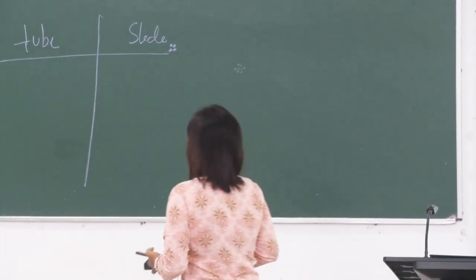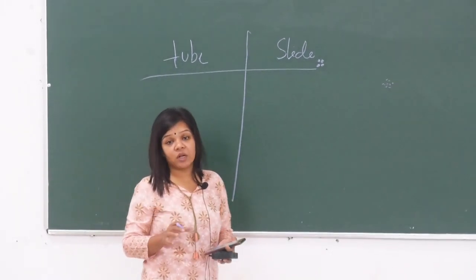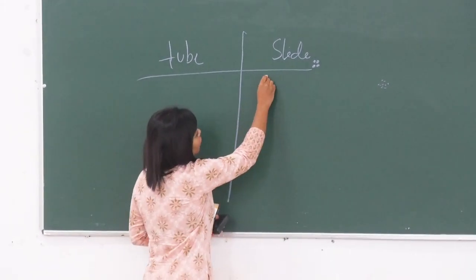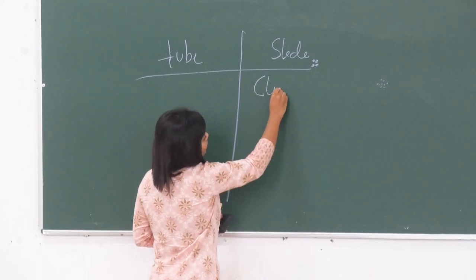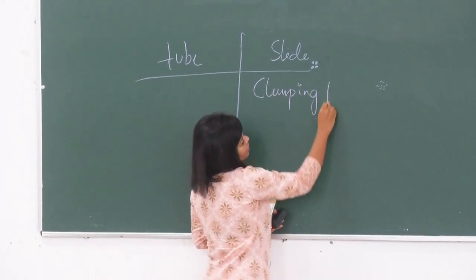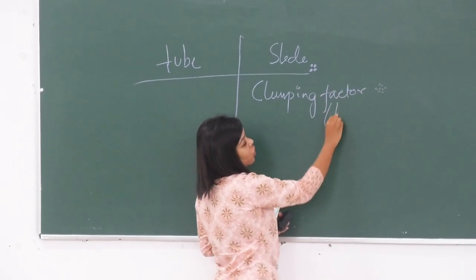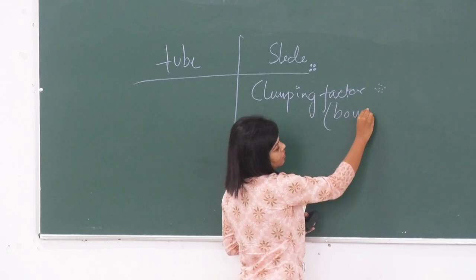So for slide coagulase, which part of the bacteria is important? This is called clumping factor, which is also called bound coagulase.